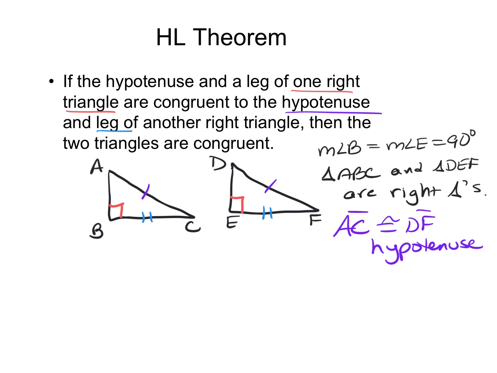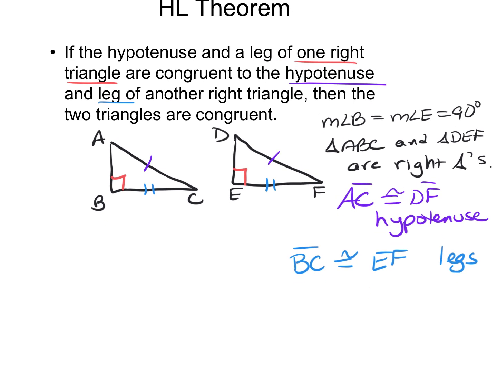And then the next thing I'd have to establish is that I have a congruent leg pair. So BC is congruent to EF, this is a leg. Or, if that didn't have the mark, let's say AB and DE had the mark, you would have needed either the blue or the orange in order to establish hypotenuse leg.